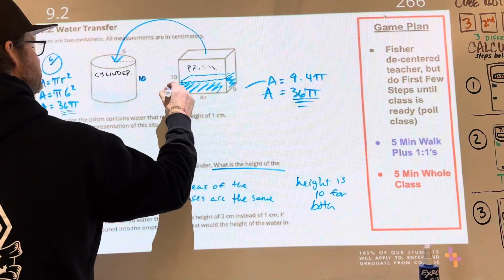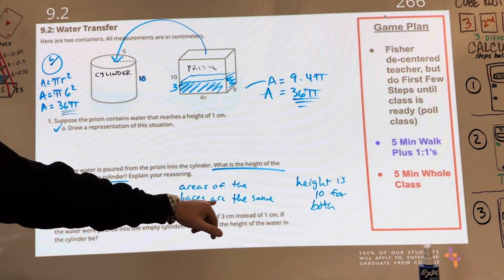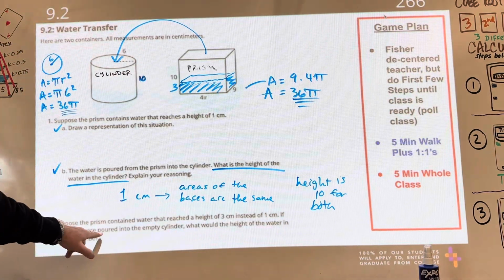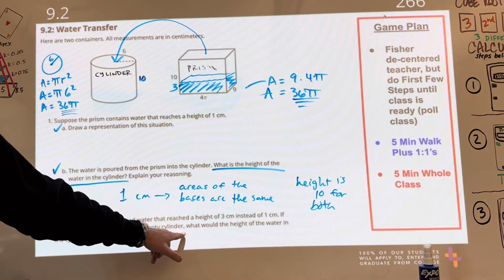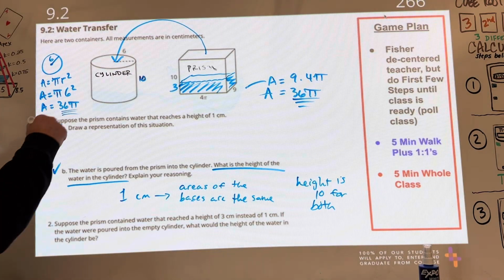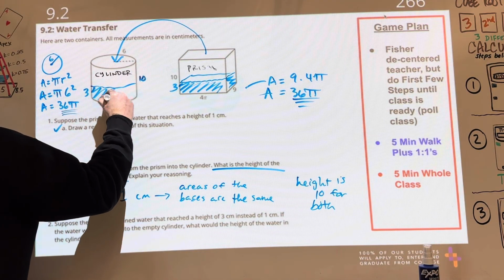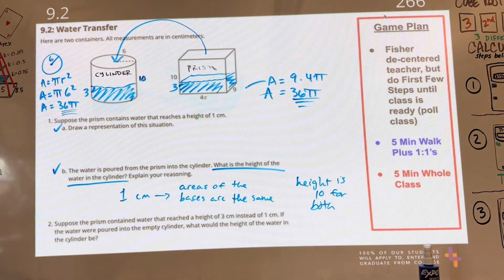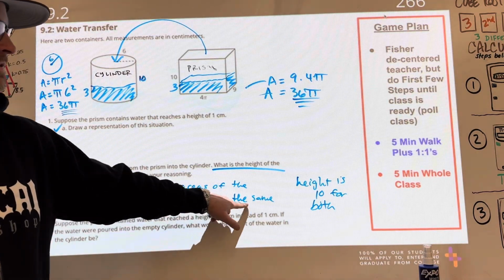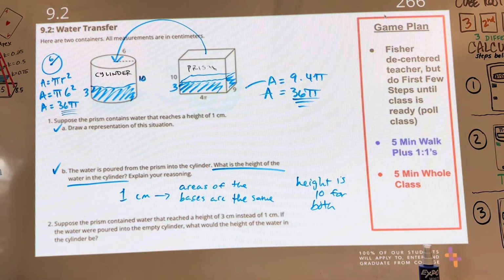Now, it's 3 centimeters high instead of 1. If the water were poured into the empty cylinder, what would the height of the water in the cylinder be? Oh, pretty easy. Still be 3, because the same exact answer. The areas of the bases are the same and the height is 10 for both. So it's going to be the same height.